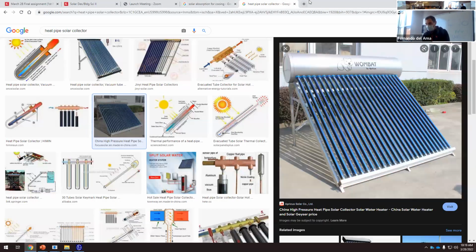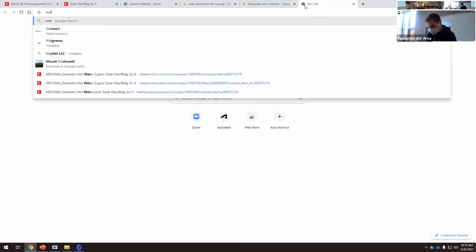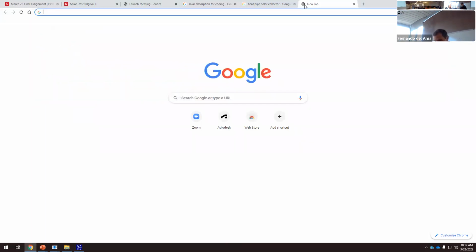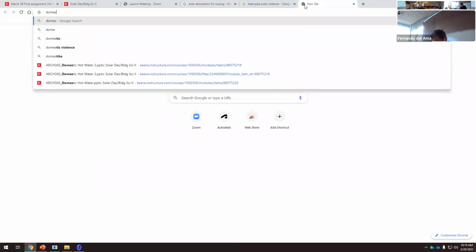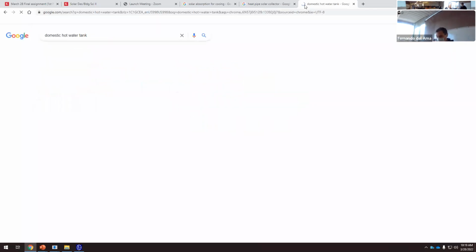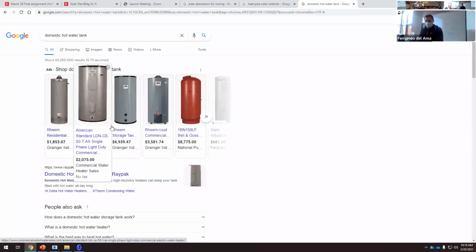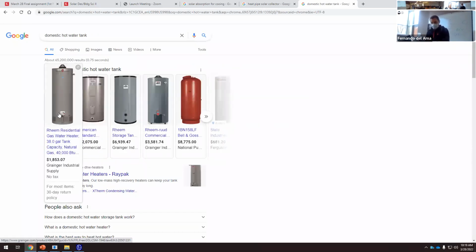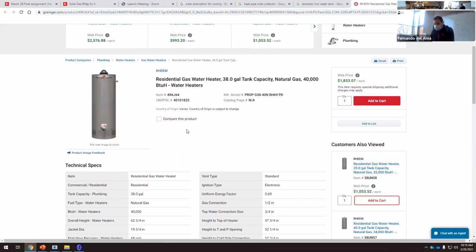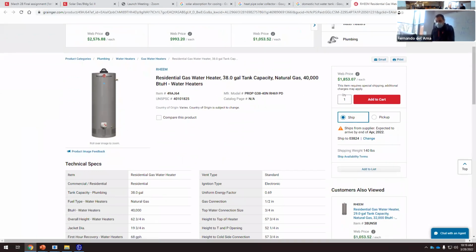If we open a water heater, or domestic hot water tanks, okay, this is a domestic hot water tank. And if we open the specifications, this is 38 gallons.